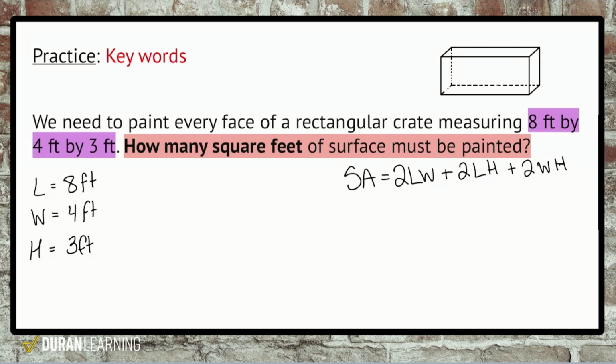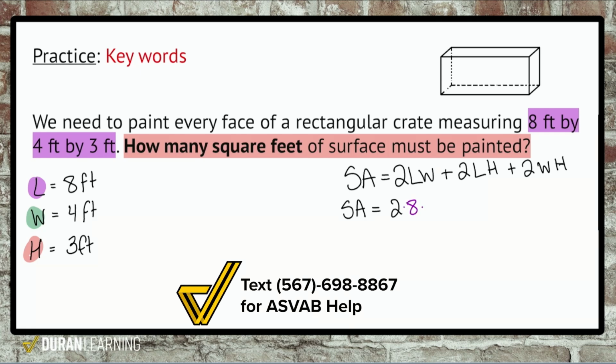So now that we've made a choice, let's just go ahead and plug and chug. Let me use a highlighter here to make things easier. Let me use purple for the length, green for the width, and red for the height. Here we go. Surface area equals twice the length, which is 8, times the width, which is 4.